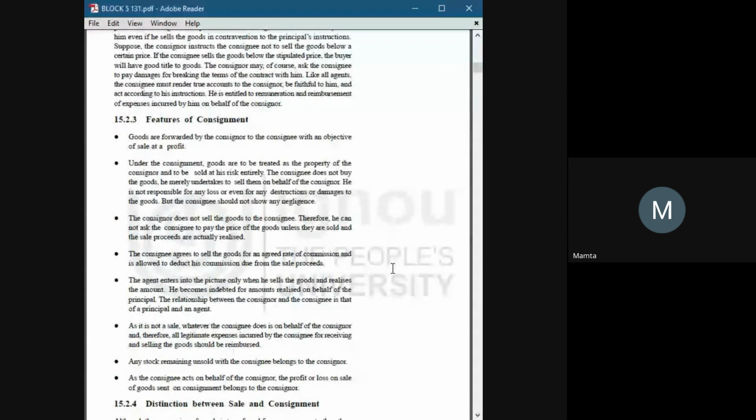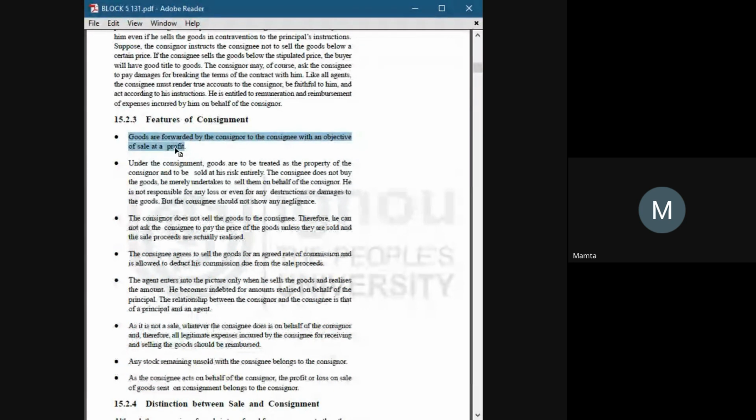Features of consignment. Read it carefully. Goods are forwarded by the consignor to the consignee with an objective of sale at profit. Second feature: under consignment, goods are to be treated as the property of the consignor, not to be sold at the consignee's risk entirely.